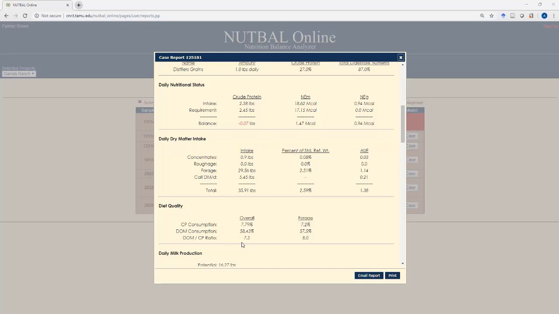The rumen microbial population is a significant source of protein and energy for your cattle, and maintaining a nutrient balance for a happy and healthy microbe population is really essential for achieving your performance goals as well as feed conversion efficiency. So we generally say that an optimal ratio is in the range of 4 to 7.